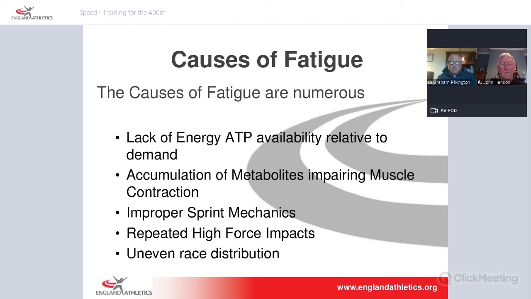The big one for me is improper sprint mechanics, which we'll pick up and look at. Repeated high force impacts. It's still a sprint. We are training athletes to produce a massive amount of force through a very long, prolonged period, and therefore it's something that we really need to prepare them for. Another big one is uneven race distribution, which we'll pick up as we go through the presentation.